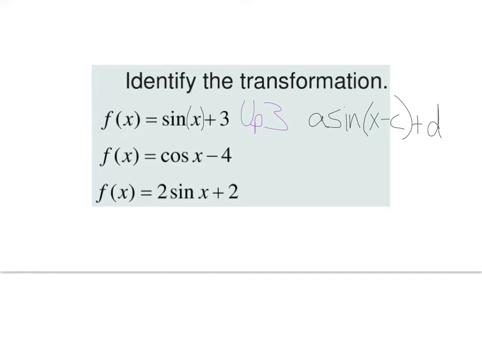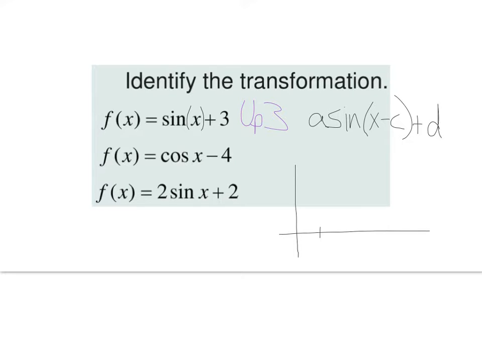Now, let's real quickly sketch what that would look like. I haven't moved it horizontally at all. So my 0, 90, 180, 270, and 360 are all the same. Okay?